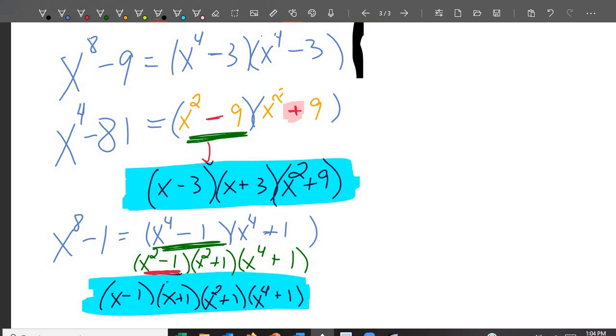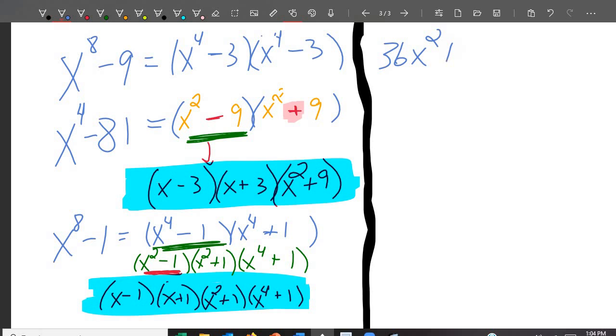Now, let me talk about things that are not difference of 2 squares. This problem is not a difference of 2 squares. Now, the reason it's not, most people look at this one and say, hey, 36 is 6 times 6, 25 is 5 times 5, and it's got an even x on it, so I can factor it.